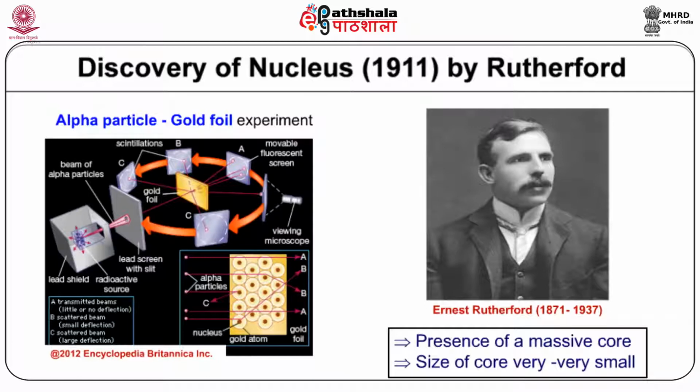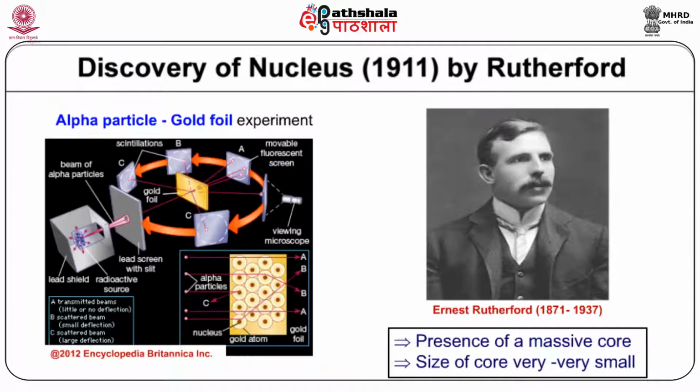Another thing he considered, on the basis of the experiment, is that almost all the mass of the atom lies in its center, that is, in the central entity he named the nucleus.